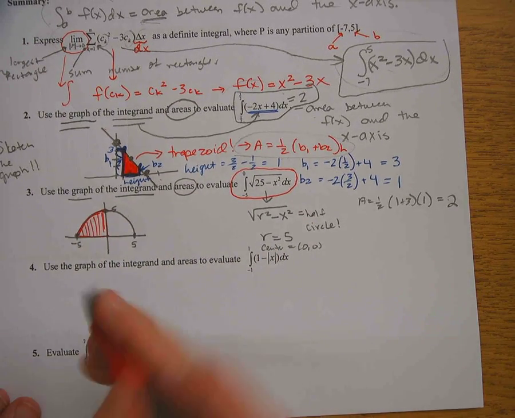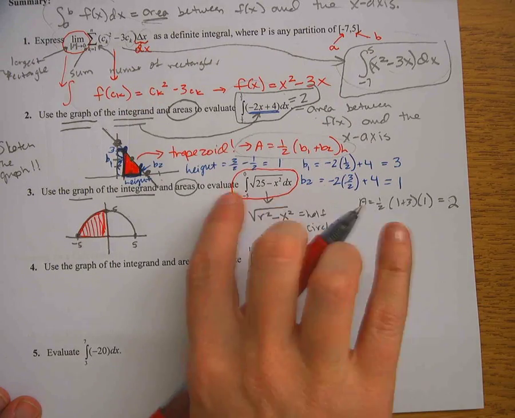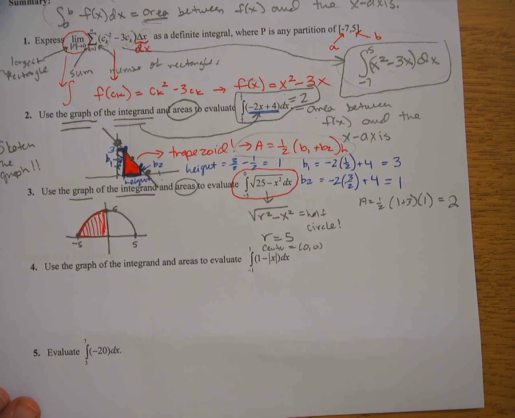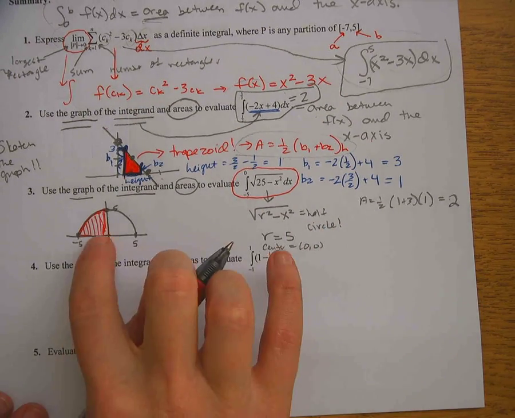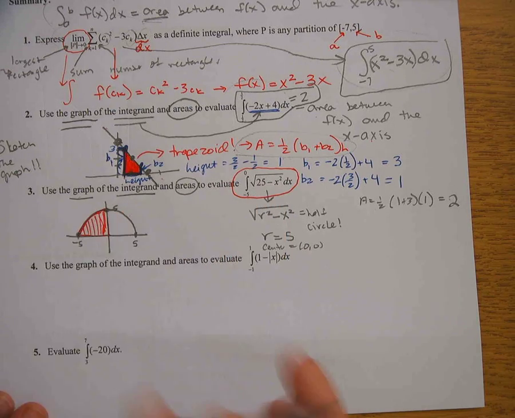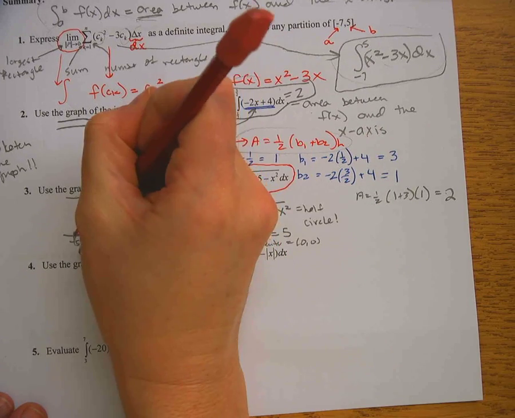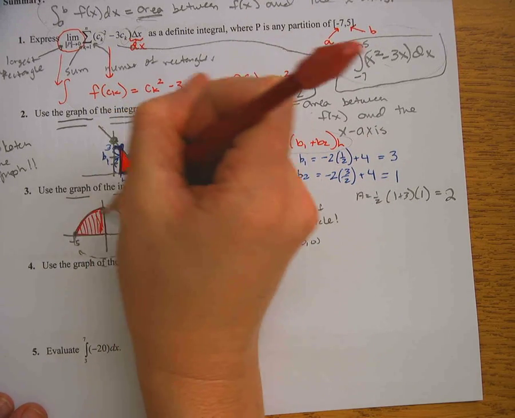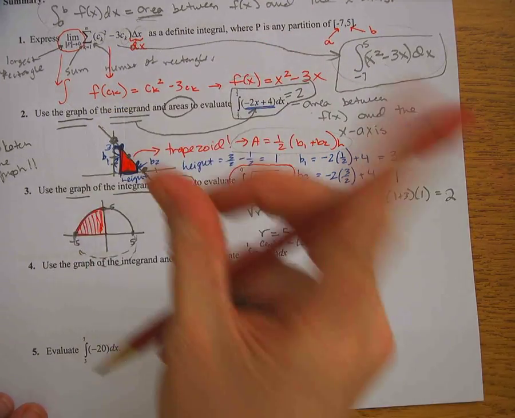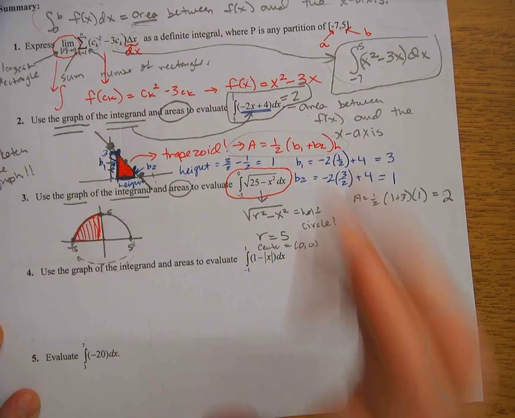So all I have to do is find that area, and I have successfully evaluated the integral. So this is basically just 1/4 of a circle. Because if I completed the rest of the circle, and I know the formula for the circle, it's just 1/4 of that circle.